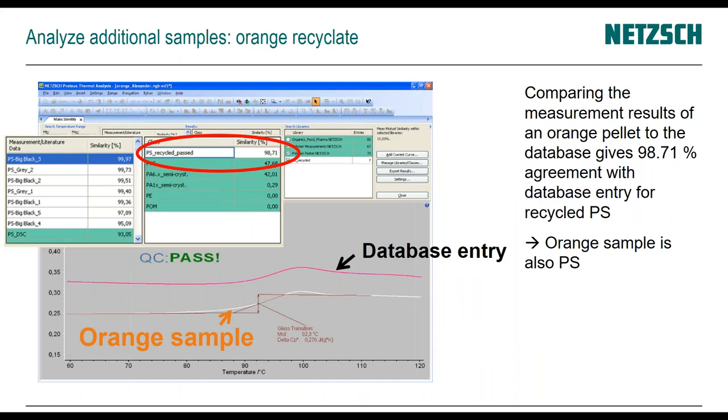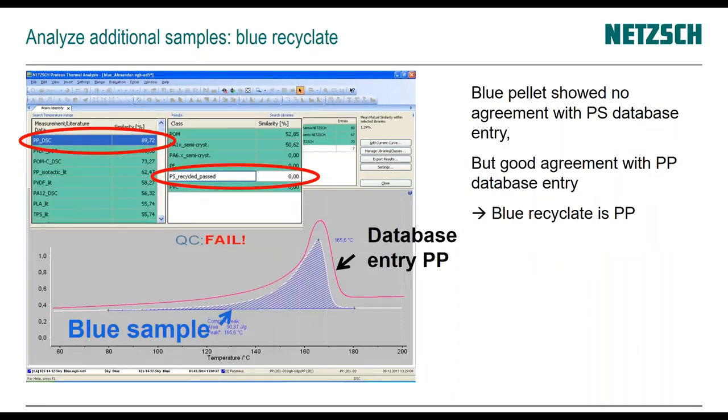Next, we took one of these orange recyclate pieces and we ran the DSC measurement, and we had it compared with the database entry. And you can see that we had a very high agreement with the recycled polystyrene. So we can say the orange sample that we picked is also polystyrene. Next, we took the blue recyclate. We ran it, and we get a fail.